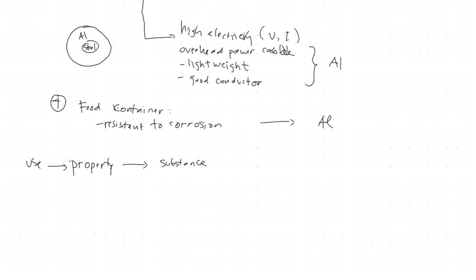For electrical cables, if it is low electricity, it's going to be copper wiring. And if it's high electricity, we're going to use aluminum for overhead power cables.